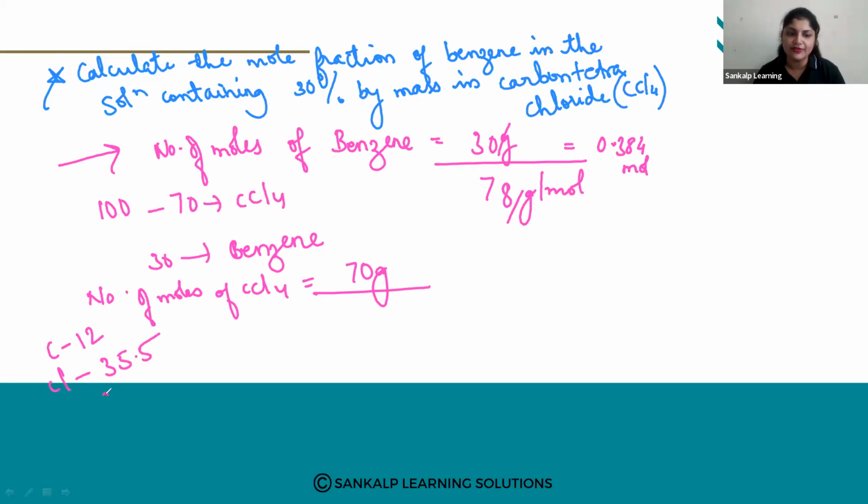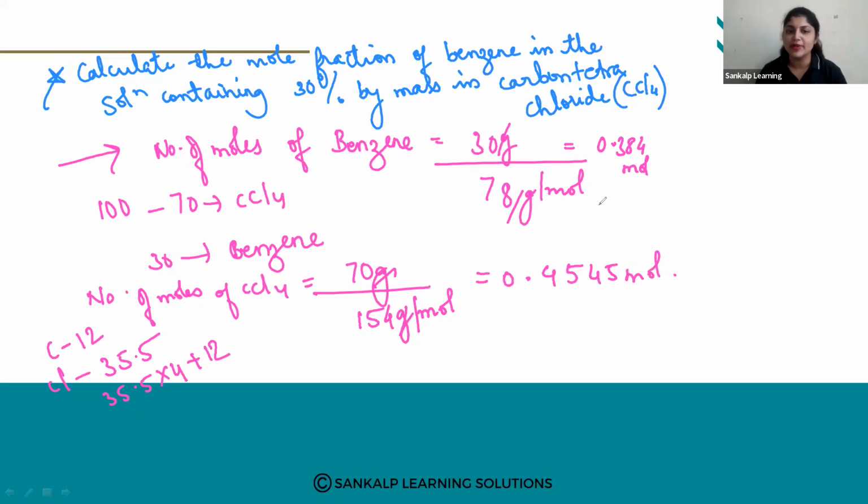So 35.5 into 4 plus 12 comes to 154 gram per mole. So gram gets cancelled. What is the answer? 0.4545 mole.